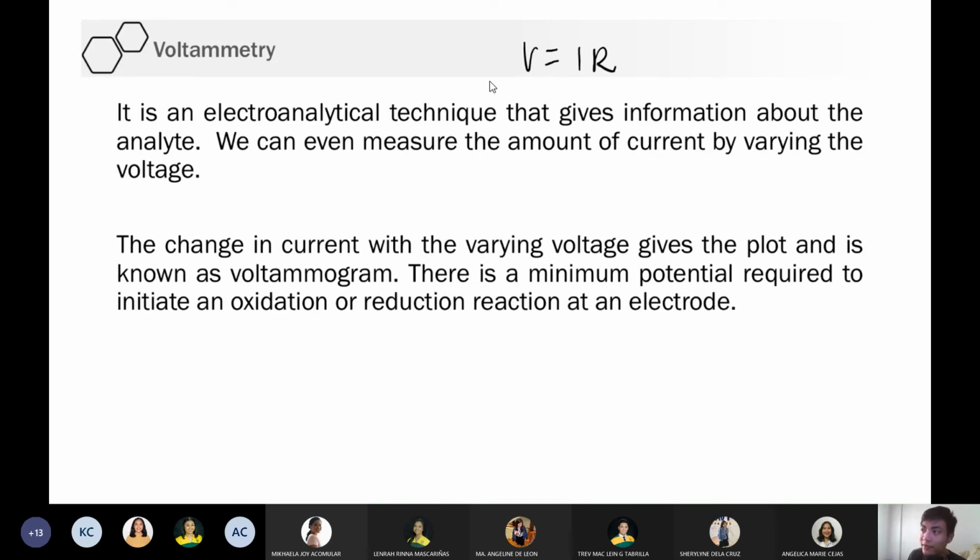This is what physics says: V = IR, voltage is the product of current times the resistance in ohms. Right? Suddenly we're doing physics here. That's how it is. Okay. So by changing the current with voltage, you can produce a graph called a voltammogram.